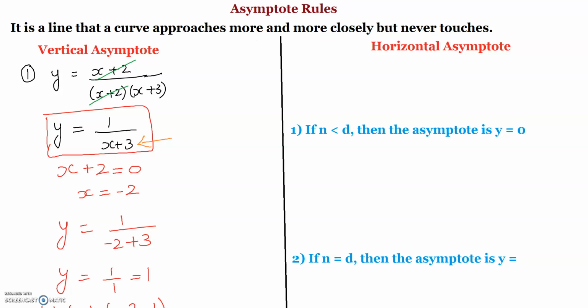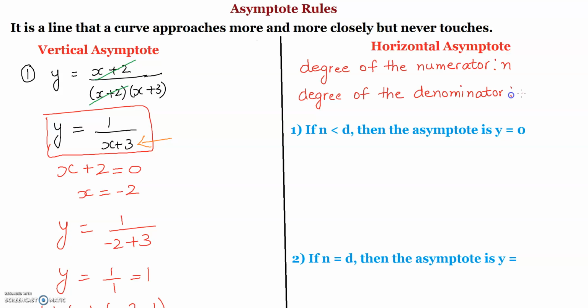Now let's look at the horizontal asymptote. Before I show you how to find the horizontal asymptote, we're going to write the let statement. For the first let statement, I'm going to write: let the degree of the numerator be n and the degree of the denominator be d.